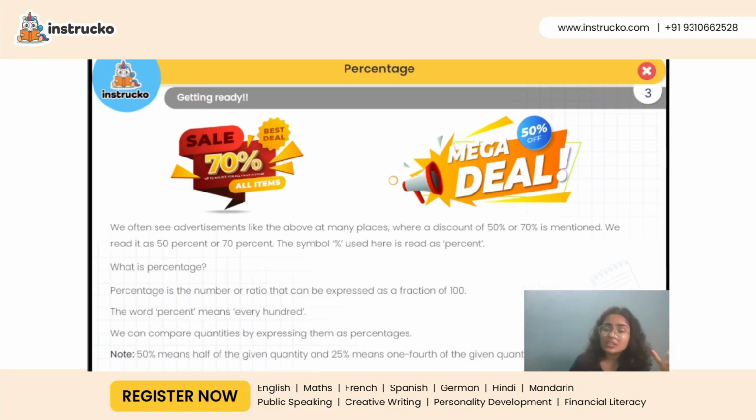When I say 50%, I mean out of the 100 items, I have 50 items. When I say 25%, I mean out of the 100 items, I have 25 items. Similarly, when you have 80% marks in your exams, it basically means the maximum that you could score was 100, and out of those 100, you scored 80 marks. Did we understand that? We will definitely understand and know more about percentages as we go on.